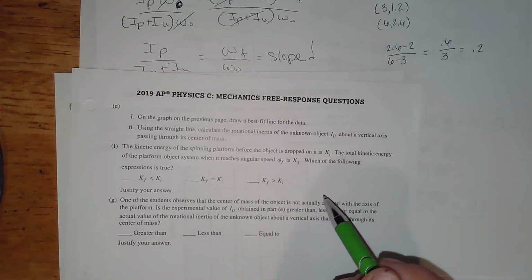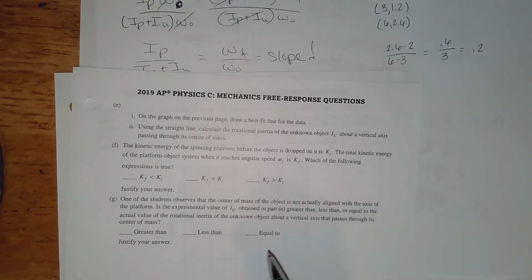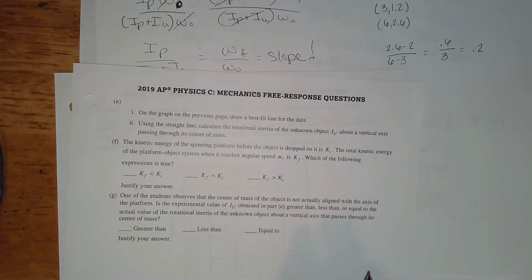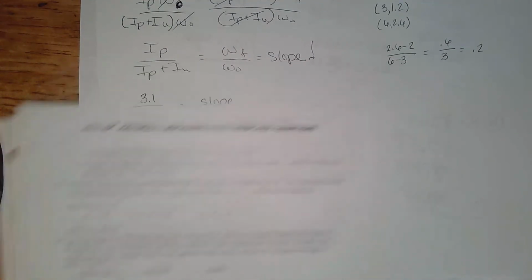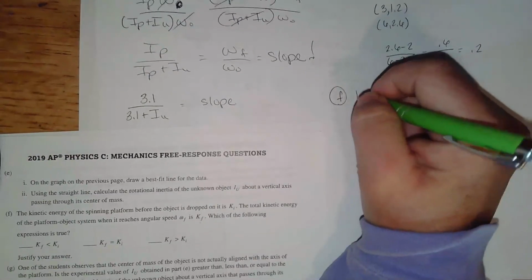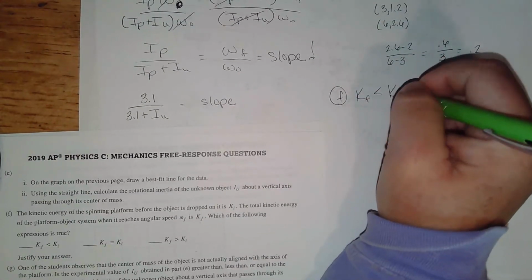So I think about this and I think, well, I'm going to drop something on top of something else. And because I am, they're going to stick together. And when they stick together, that becomes what is known as an inelastic collision. And so that makes my answer extremely easy. My K final is going to be less than my K initial.